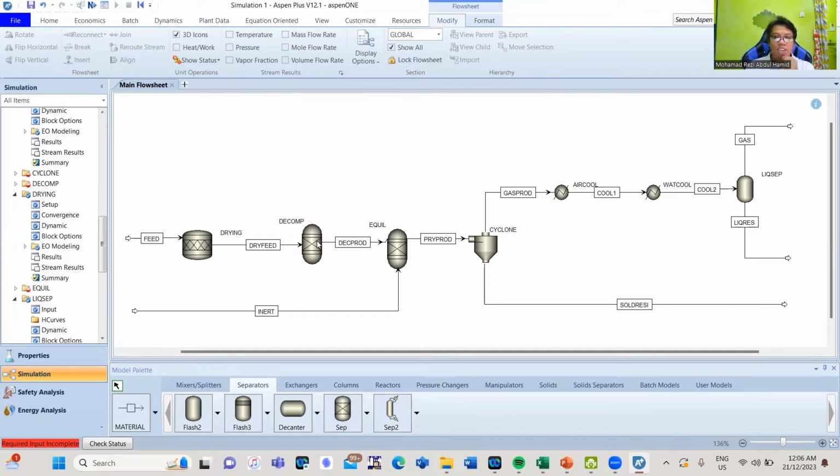Next, I'm gonna use RYield to simulate the decomposition of the dry biomass into its element form, like hydrogen, nitrogen, sulfur, and so on. So how can I do that?